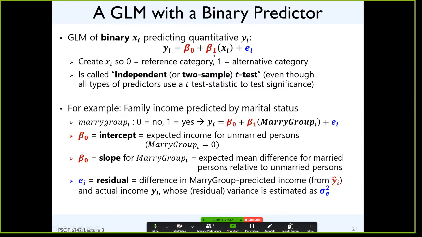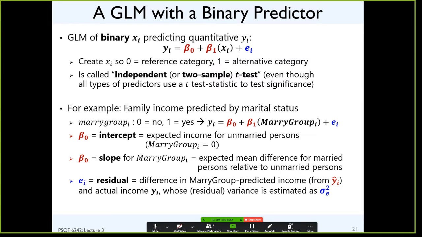So if we're doing it this way, now X here in slide 21 is a binary predictor. Somebody's the 0 and somebody is the 1. It's up to you who's the 0 and who's the 1. It doesn't actually matter. It's just deciding who your intercept is going to represent.